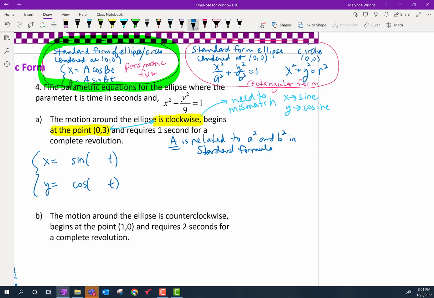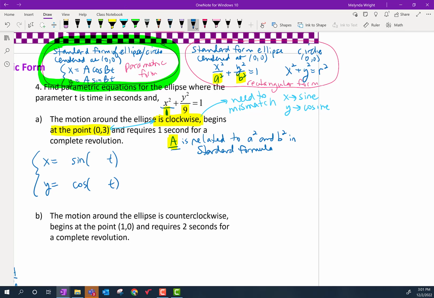It's in our standard formula. I'm going to put that over 1. I know it is over 1. We just normally don't write it. So for our purposes, A is going to come from here. It's going to be related to this and this, to this and this. That's what A is going to be related to, a squared and b squared. So basically a in this scenario is either going to be a or b.